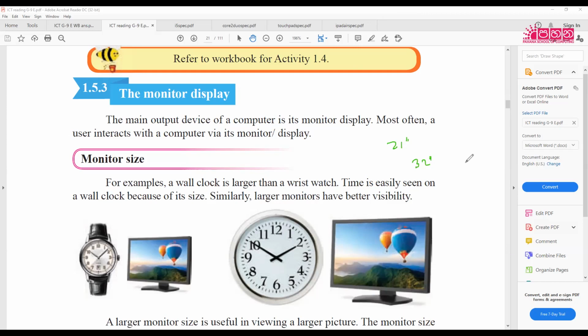Yes, Dhananj, what is the size of the TV you have? Okay, let's say you have a 32-inch TV size. How do you measure the size?